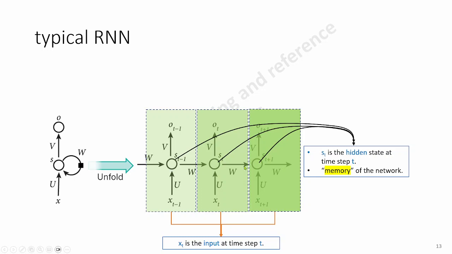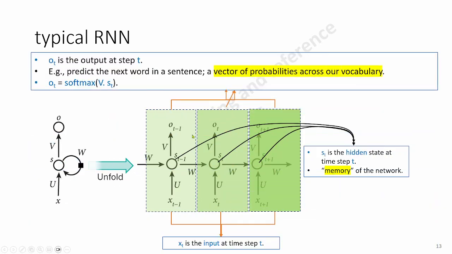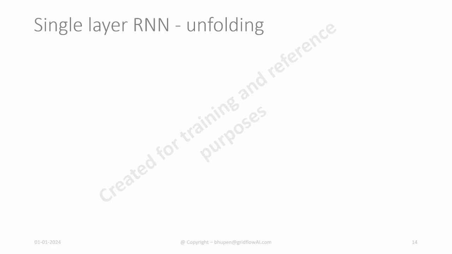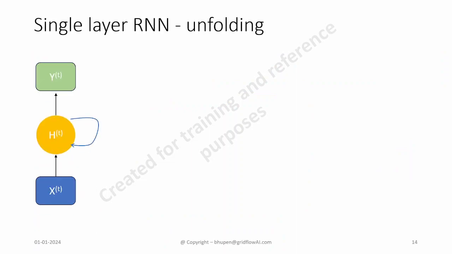As the process is being carried out, let's say at time step 3, whatever you have computed will be called the memory of the network. And the output similarly can be obtained at each of the time steps, or you can get one final output at the very end. So that's your single layer unfolding.